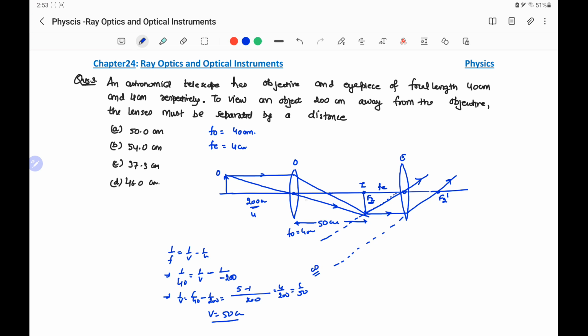Here the distance of the image I from the objective is 50 centimeter, which we have calculated, and it is given that the focal length of the eyepiece is 4 centimeter, and this is the distance of the eyepiece from the image I. Therefore separation between objective and eyepiece will be equal to 50 centimeter plus focal length of eyepiece, that is 4 centimeter, and it is equal to 54 centimeter. Hence option B is the correct option.